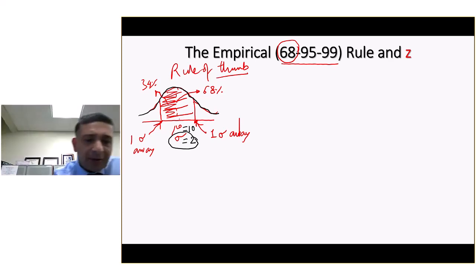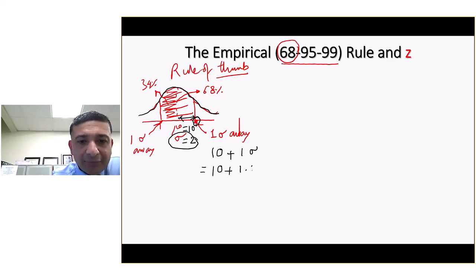So let us imagine that you have this distribution with mu equals 10 and sigma equals 2. According to this empirical rule, this point here is 1 sigma away from the mean. That distance from the mean is 1 sigma, and each sigma is 2 units, so the value at that point is 10 plus 1 times 2, which is 12.